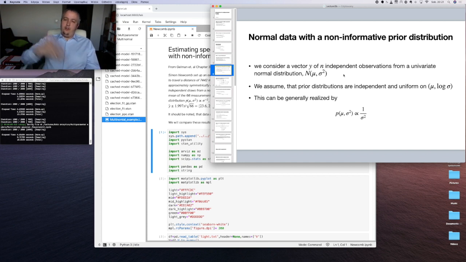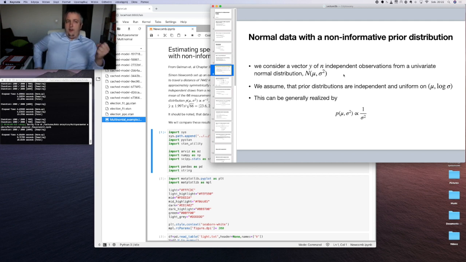And returning to normal variables, our distribution for mean and variance could be proportional to a uniform distribution. So a constant probability for all values of mu, and the function of 1 divided by sigma squared for the variance component.